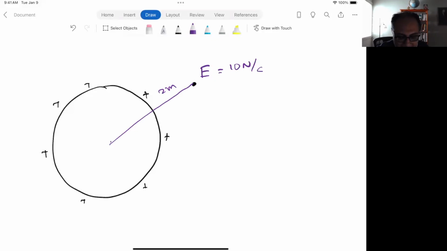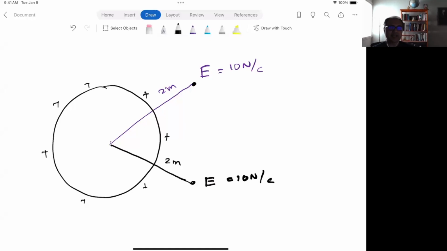I'm just completely making up these numbers. Now, at the same radius of 2 meters over here, the electric field has to have the same magnitude, 10 newtons per coulomb, as long as the radius is still 2 meters. So at any radius of 2 meters, the magnitude has to be the same.